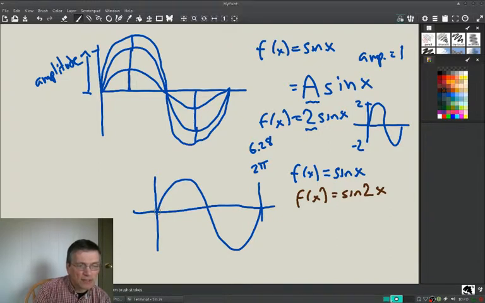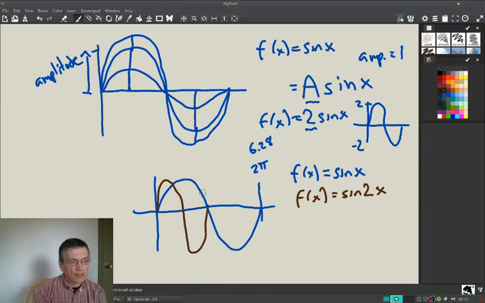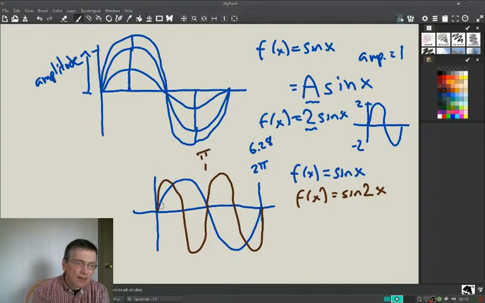In fact, it'll have a period. It'll look like this. Alright, so when x equals pi, if that was 2 pi, this is pi, then it'll have a period of pi.